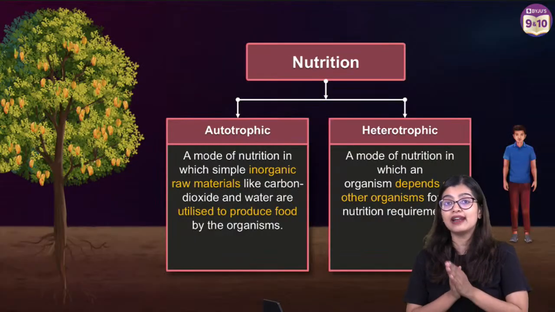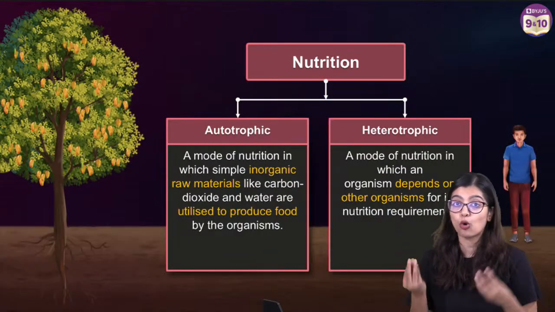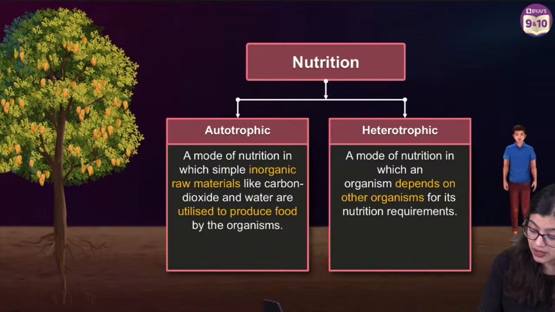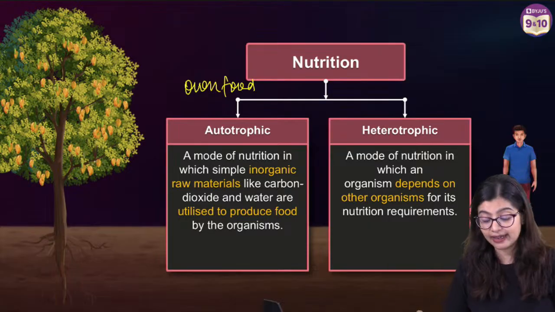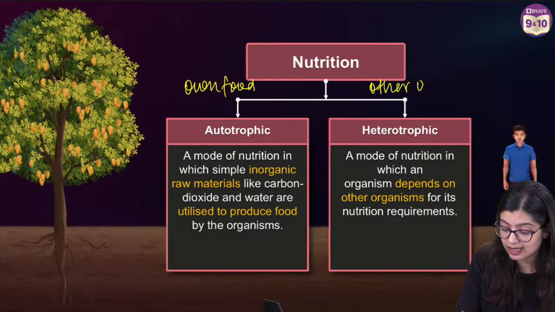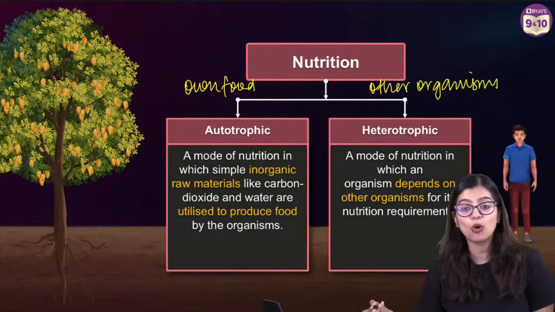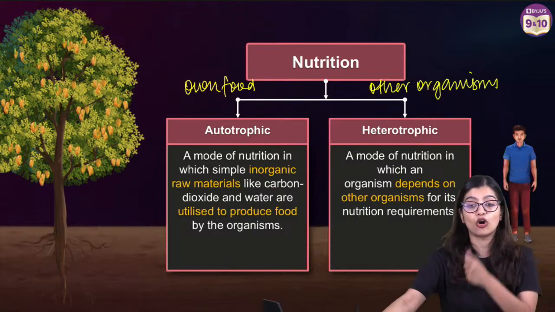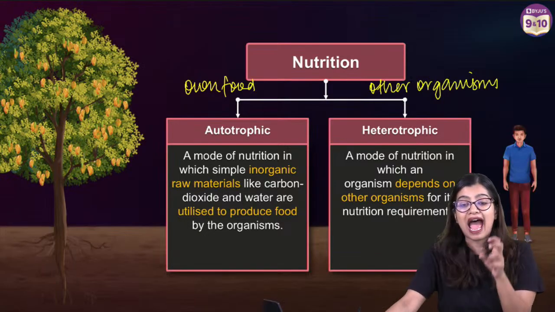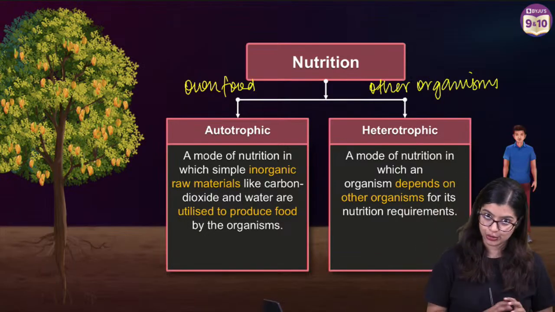Which is why in this case, what do we observe? We know that there are two ways in which organisms obtain food. Organisms can either prepare their own food or they are dependent on other organisms for food. And based on this, we can say that there are two modes of nutrition. We have autotrophic mode of nutrition and heterotrophic mode of nutrition.